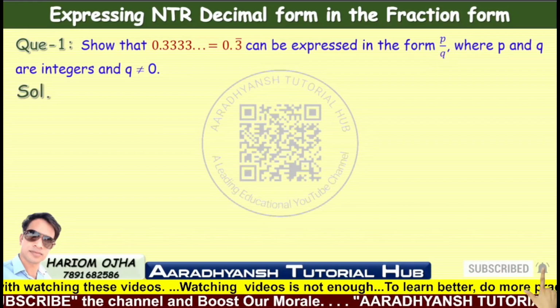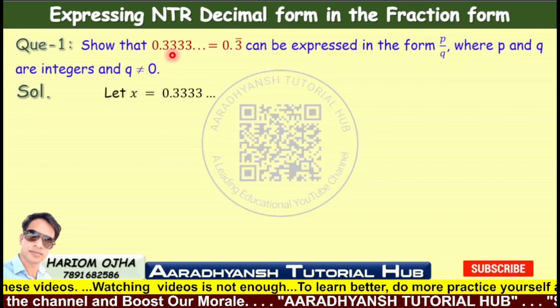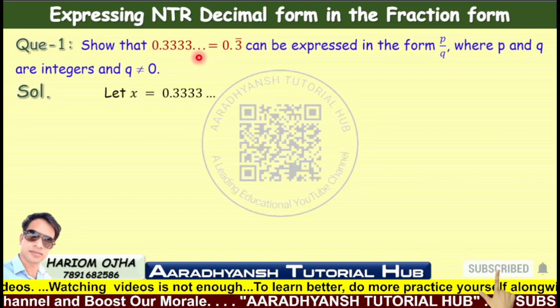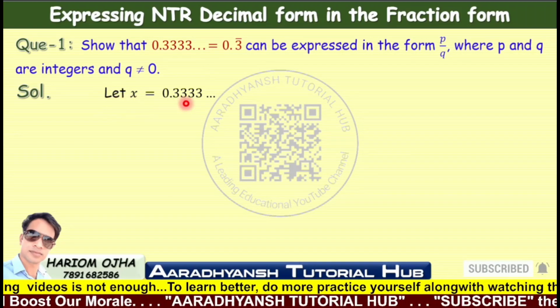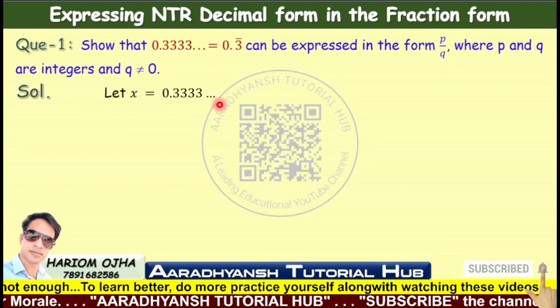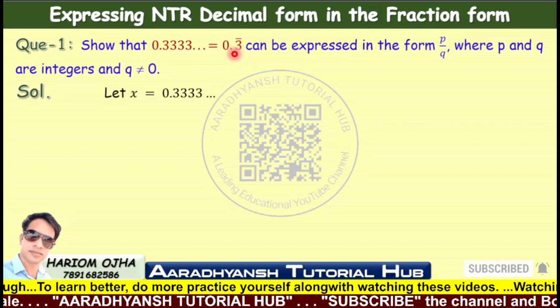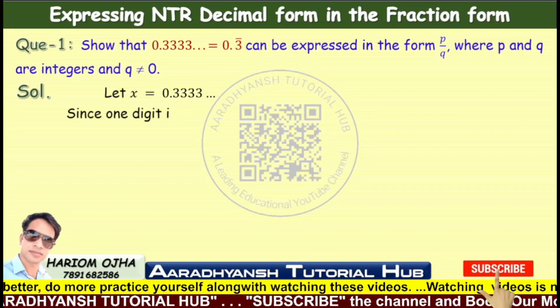So watch the solution carefully. First of all, we will assume this entire decimal form equal to x. So let x equal 0.333 and so on. Here the repeating digit is 3, only 1 digit repeats.